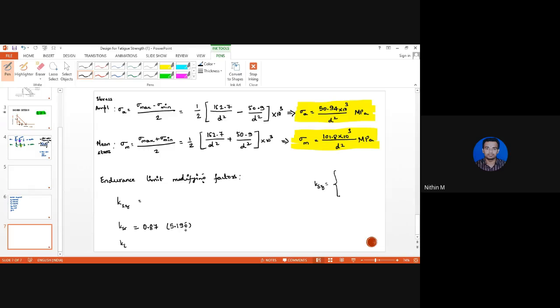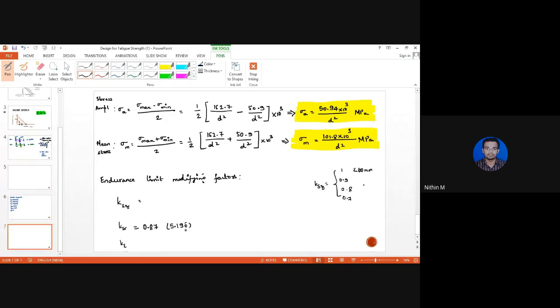So size factor na hege idmadidare: 1, 0.9, 0.8, 0.7. So first one, 1 will be the value applicable if the diameter of the component is less than 10 millimeter. If the diameter is in between 10 mm to 50 mm, it will be 0.9.